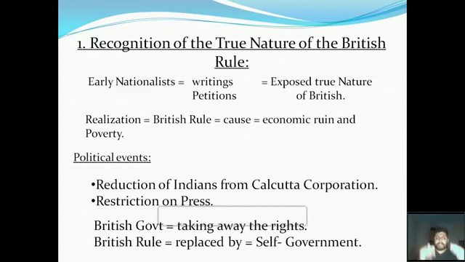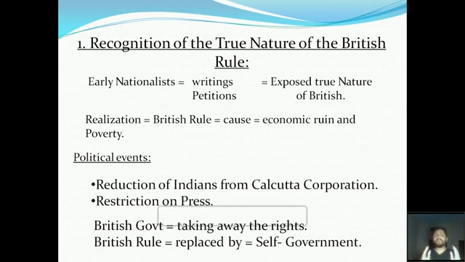So we were seeing a number of points: the early nationalist leaders and their methods, how they exposed the real nature of British rule, and a number of political events in the history of India. All those points finally come to a conclusion, the people's realization that if India wants to develop, British rule should be replaced by a self-government run by the people of India.